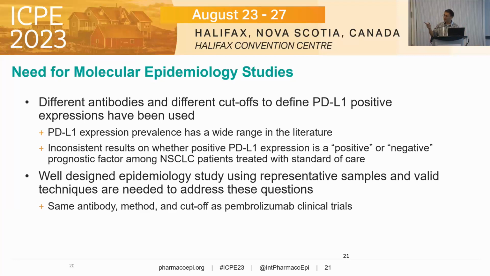And why this question is very important is because in the early development of pembrolizumab, it was single-arm trials. We were trying to see whether patients with high PD-L1 expression would respond better to the treatment. So this is the predictive biomarker. But because of the single-arm trial setting with no randomization, it's also very important to understand the prognostic effect of the biomarker.